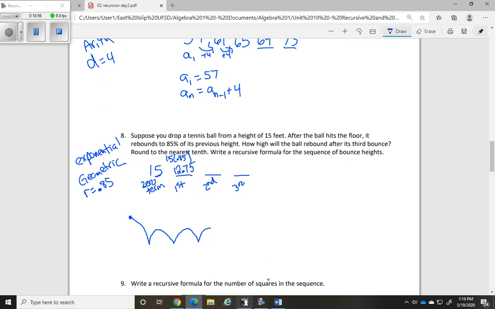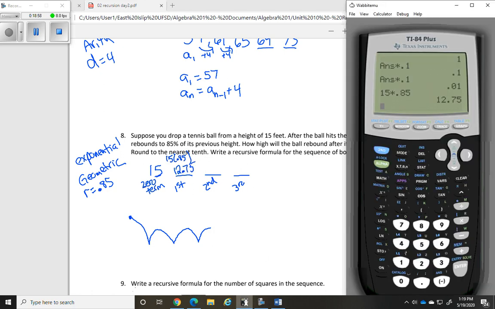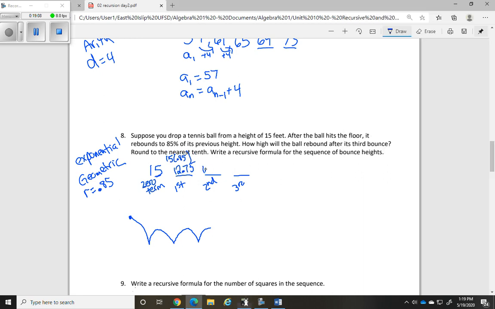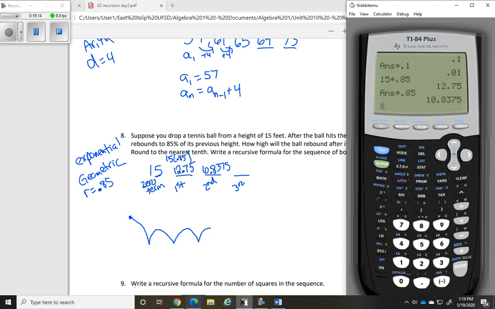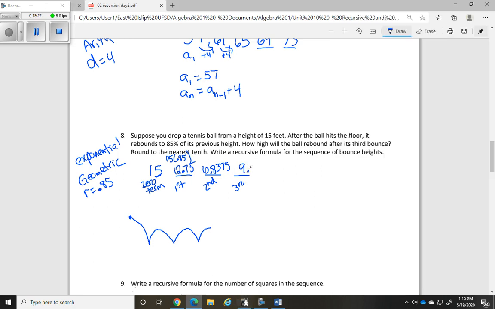Then I want to multiply that by 0.85. 10.8375. Then I want to multiply that by 0.85. 9.21875.